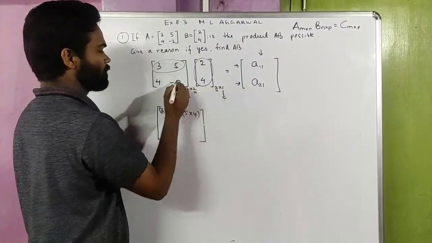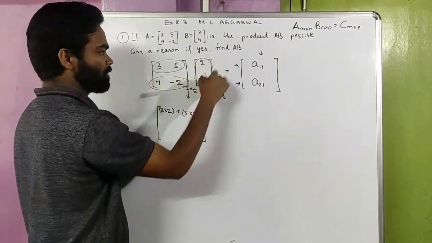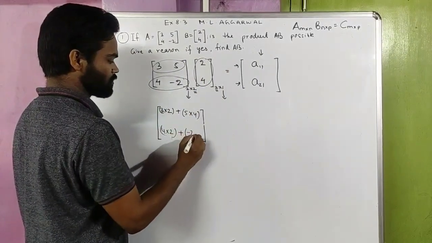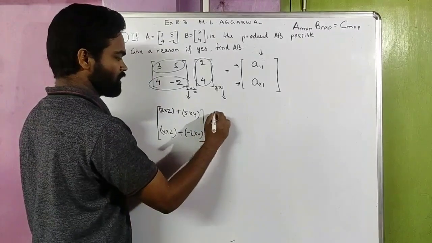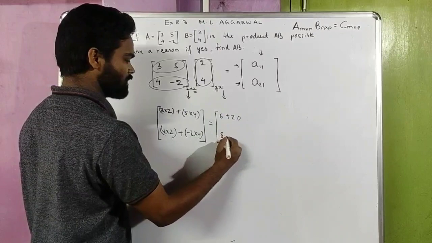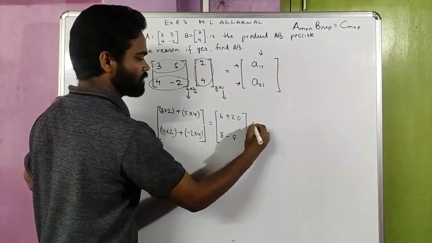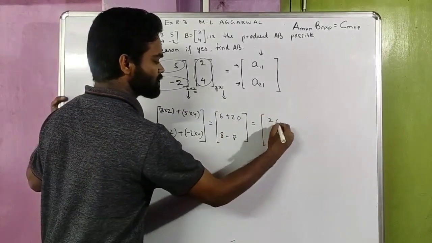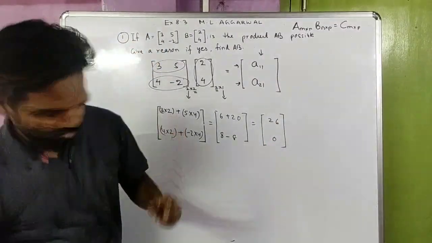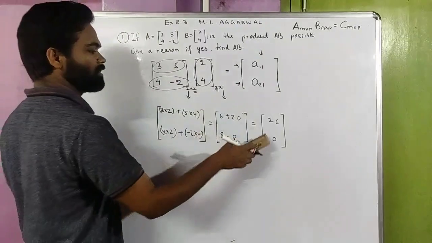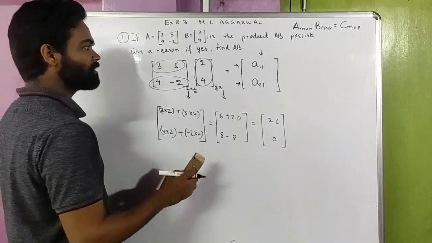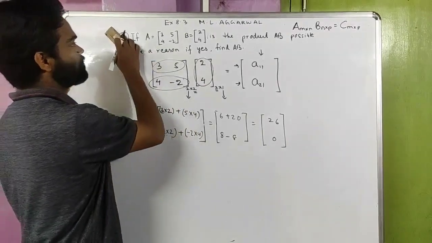Similarly, A21, second row multiplied by the first column, which is 4 cross 2 plus minus 2 cross 4, which is equal to 6 plus 20, 8 minus 8, which is 26, 0. So the product is possible and the product AB is 26, 0. Is it clear? Now we look at the next sum.